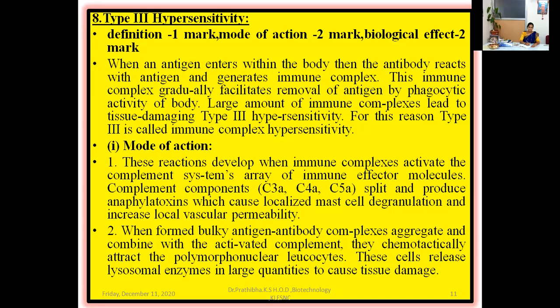Further, when formed bulky antigen-antibody complexes aggregate and combine with the activated complement, they chemotactically attract the polymorphonuclear leukocytes, and these cells release lysosomal enzymes in large quantities to cause tissue damage. I request all the viewers, if I'm going very quick, kindly pause this video and make a note, and also you can go through the serial number of these particular slides.